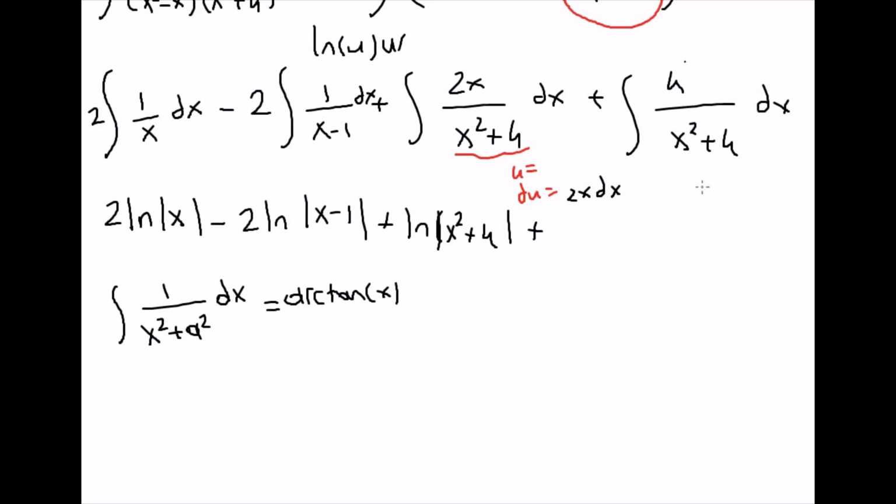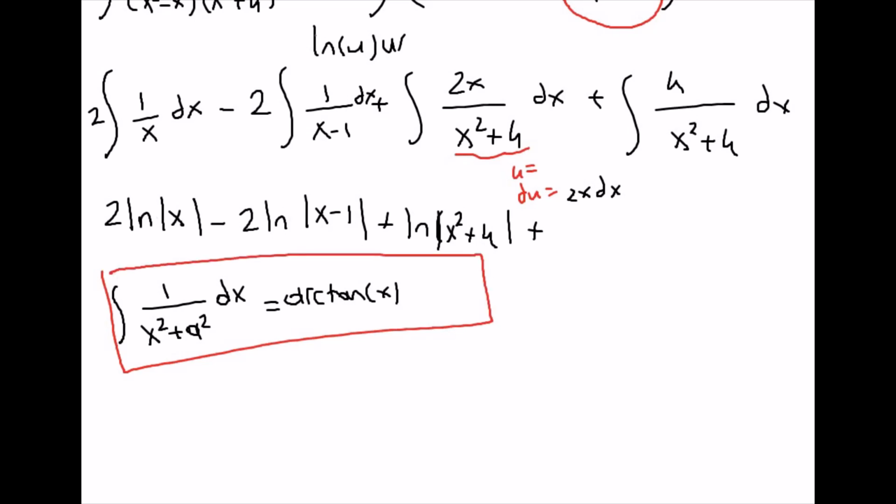So we're going to make this integral look like 1 over x squared plus a squared. Here we're going to do u substitution again. Let x be equal to 2u. Why 2u? Because if we square 2u, it's going to be 4u squared, and we can factor out 4.